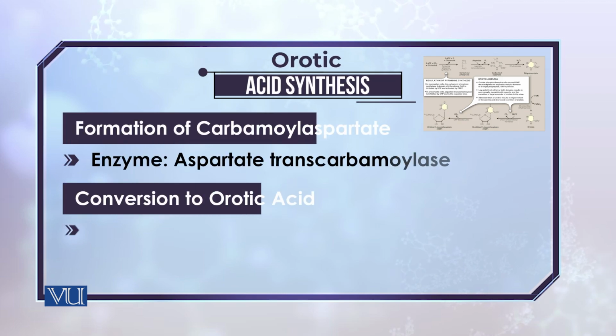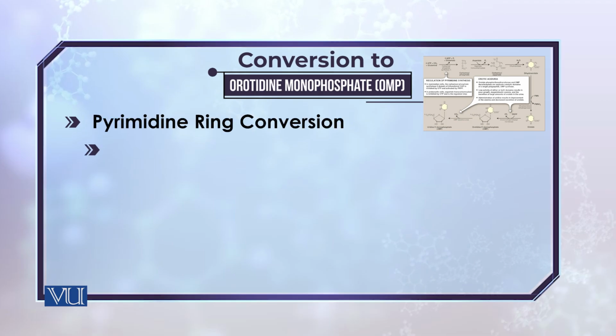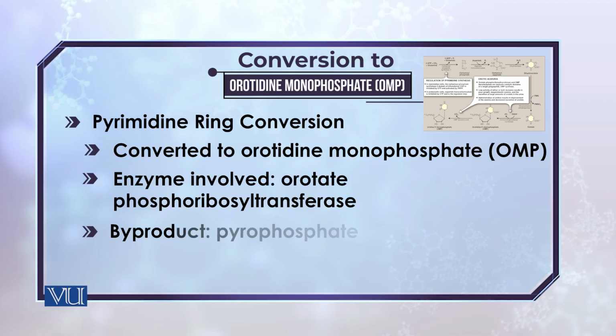After you have formed the carbamyl phosphate, it undergoes further reaction to give rise to carbamyl aspartate, and then eventually we end up with the formation of orotic acid.